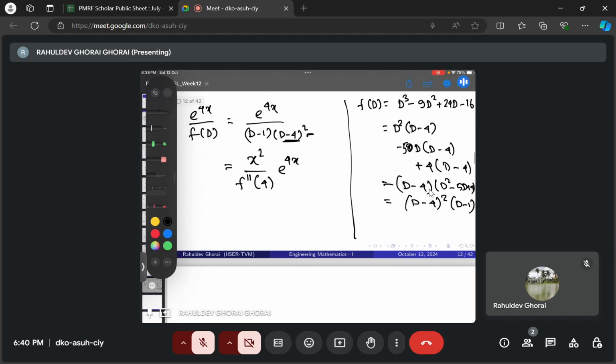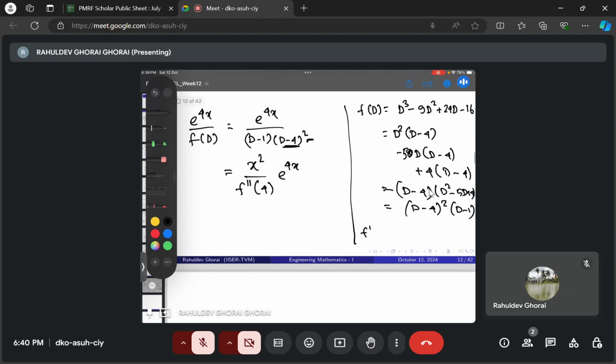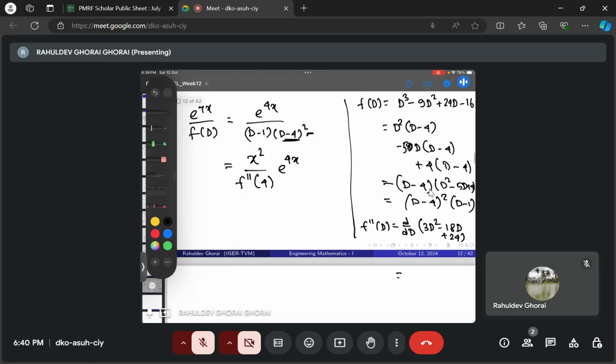So what is f double prime? f''(D) will be the derivative of 3D squared, one more derivative: 3D squared minus 18D plus 24, that implies 6D minus 18, right?